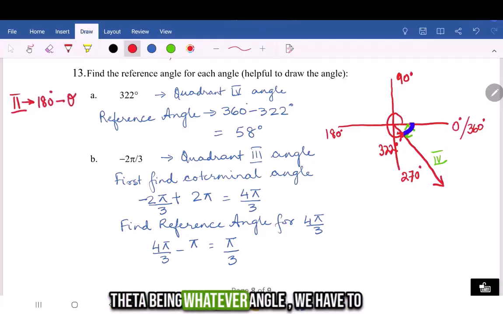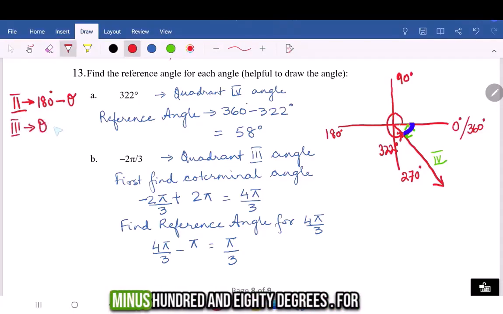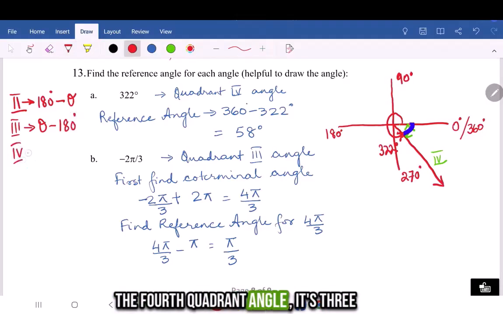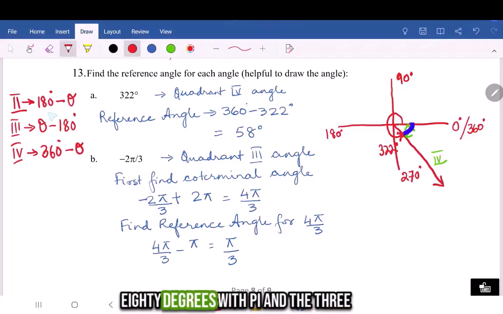Theta being whatever angle we have to find the reference angle for. For quadrant 3, the formula is theta minus 180 degrees. For the fourth quadrant angle, it's 360 degrees minus theta. Now, if we are working with radians, then you have to replace the 180 degrees with pi and the 360 degrees by 2 pi.